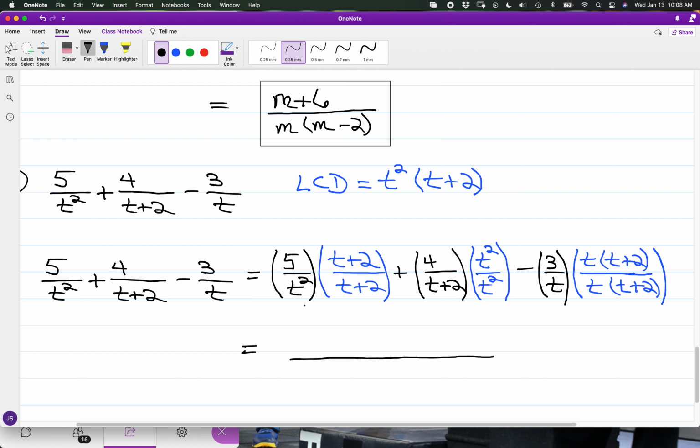And so for what we have here is t squared times the quantity of t plus 2 in the denominator. And for the numerators, I have 5, and I can go ahead and distribute over t plus 2, so this will be 5t plus 10. And I have plus 4 times t squared.